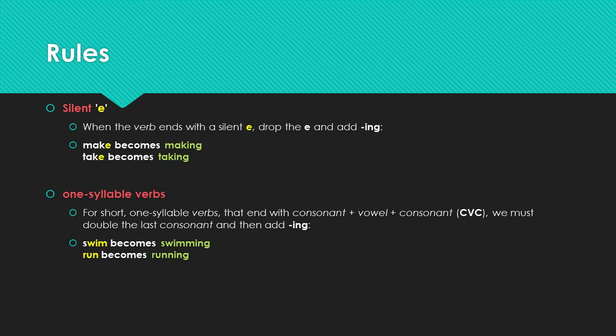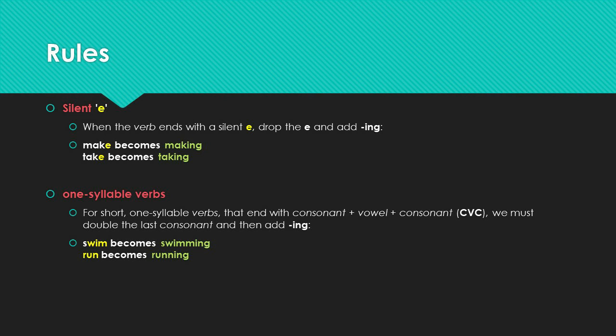So now for one syllable verbs. This is for short verbs that have one syllable that end with consonant, vowel, consonant. We must double the last consonant and add ing. For example, swim. If you can see, swim has consonant, consonant, vowel, consonant, right?